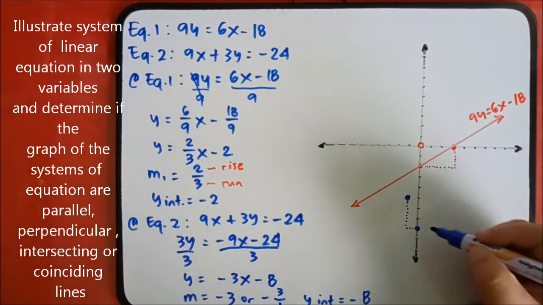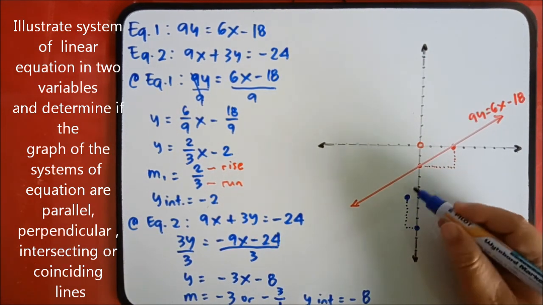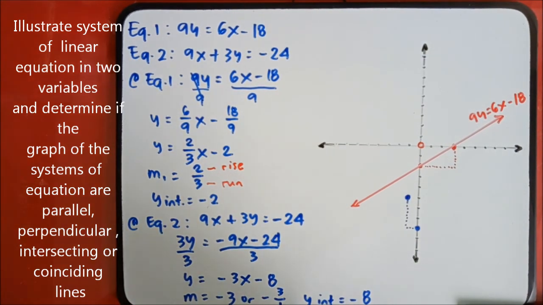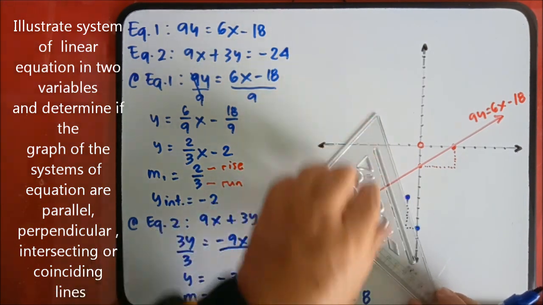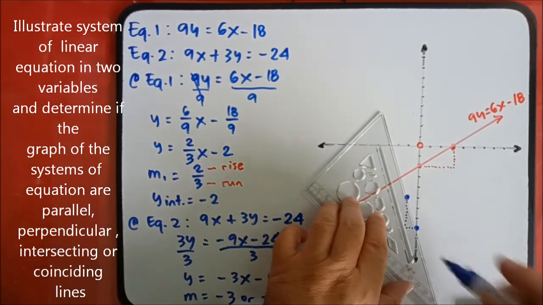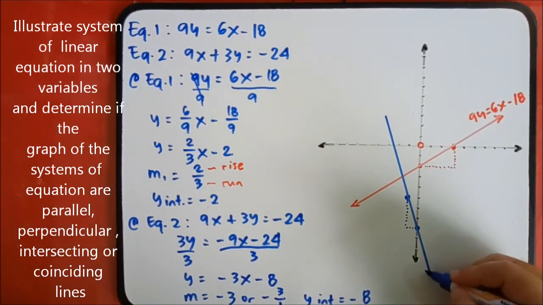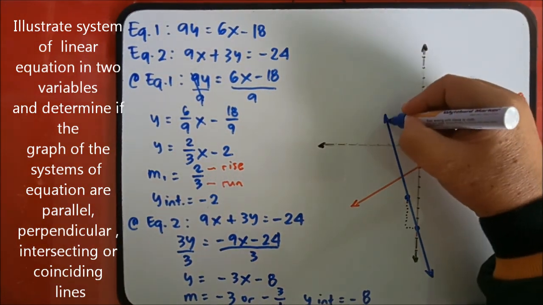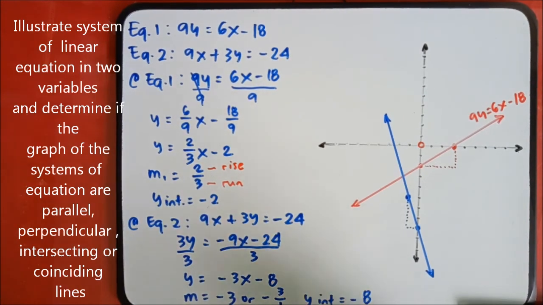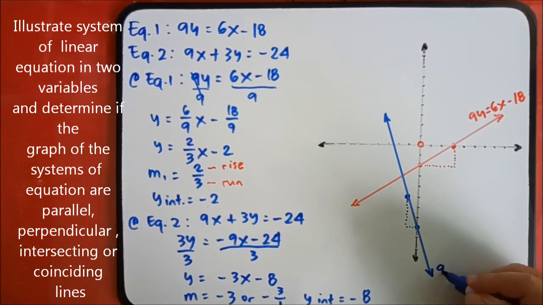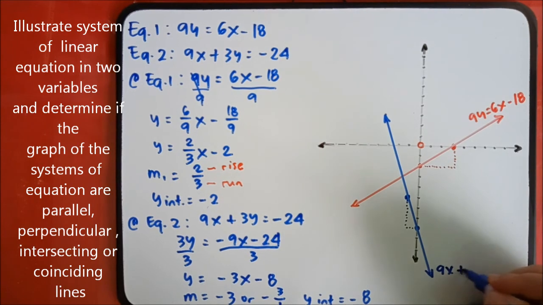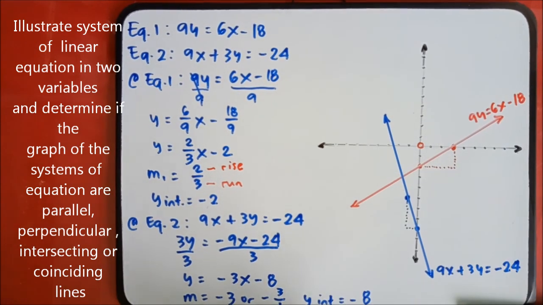Okay, we're here. Okay, so, we'll connect this now. So this will be your second equation, 9x plus 3y is equal to -24.